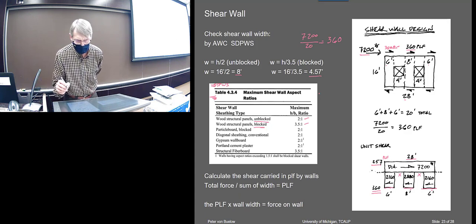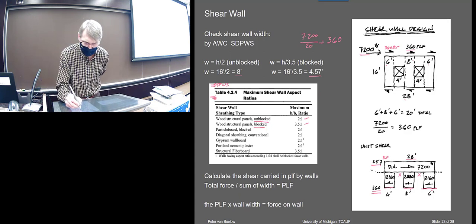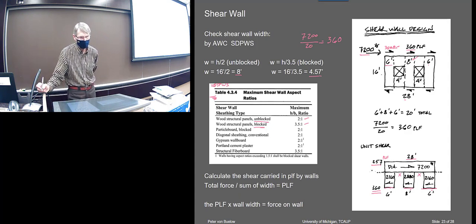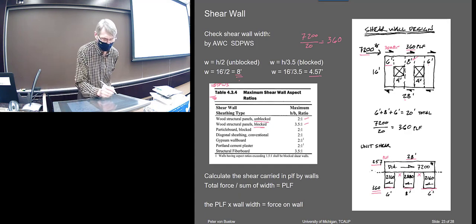So looking at this, okay, 8 feet, I can do that with the unblocked. If I really was going to have 6 feet here, I guess I'd have to block it.